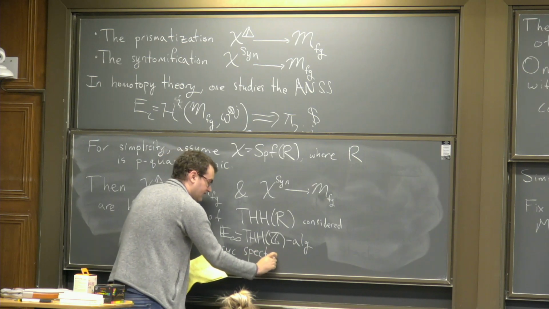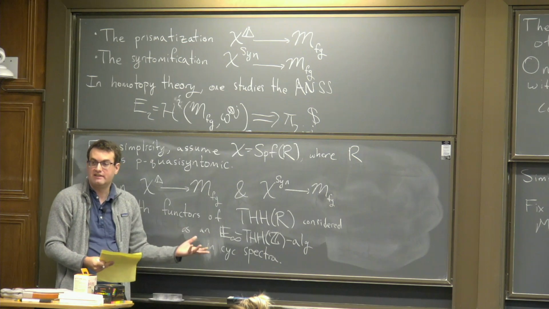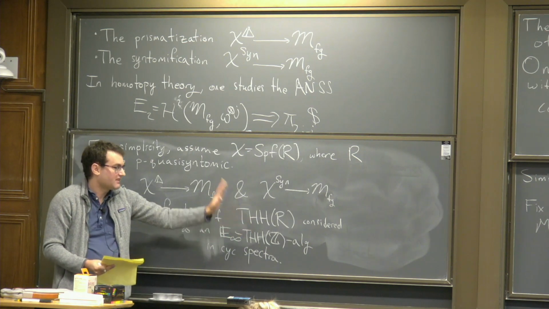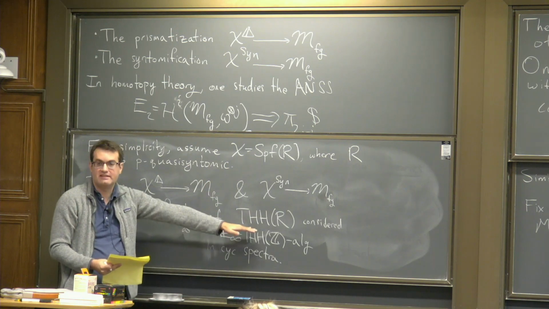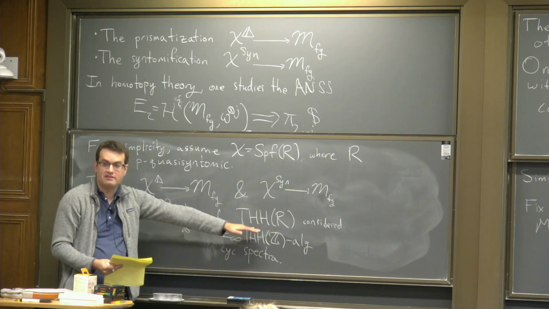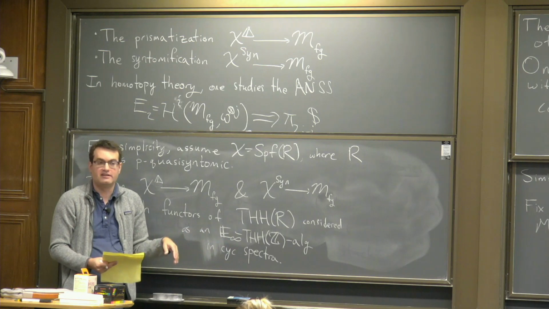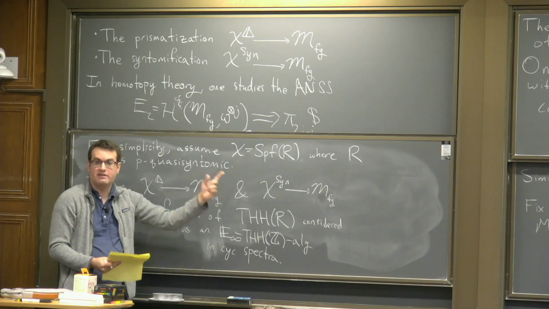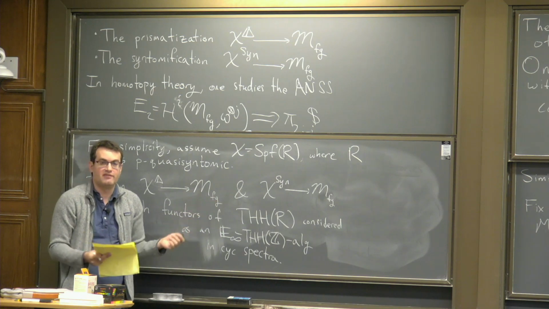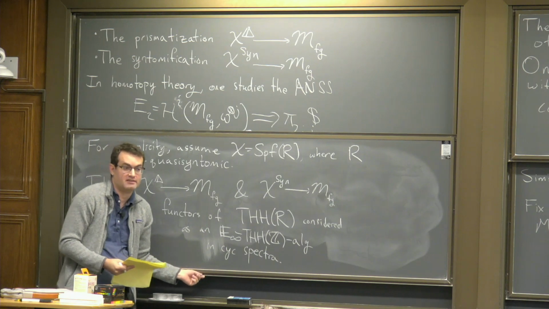So in a moment, I'm going to remind you a little bit about cyclotomic spectra and what THH means. But THH of R is some cyclotomic spectrum. I'll say what that is in a moment. And the point is that just from knowing this, with a little bit of extra data, its algebra structure over THH of Z, you can recover these constructions. And I really mean these constructions, for those who might be wondering, I'm not talking about any Nygaard completions or anything like that.